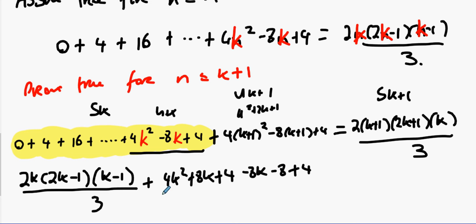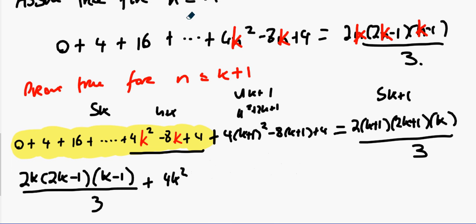I'm going to fix all that up now. The 8k's cancel, and the numbers actually cancel as well, so it's just 4k squared, okay, which is handy. So all that just turns into 4k squared, which is really handy.